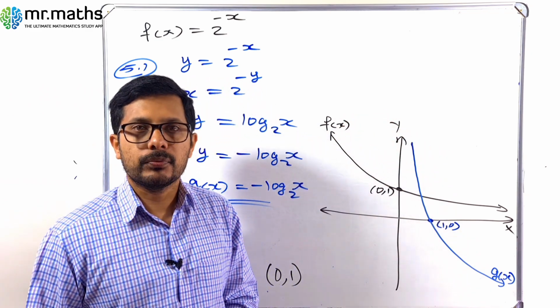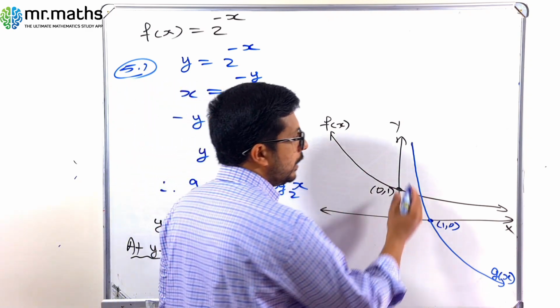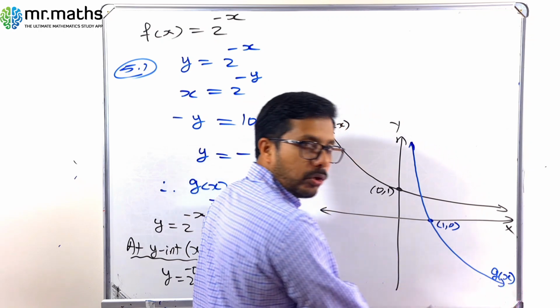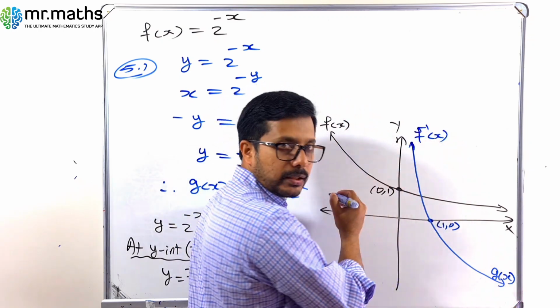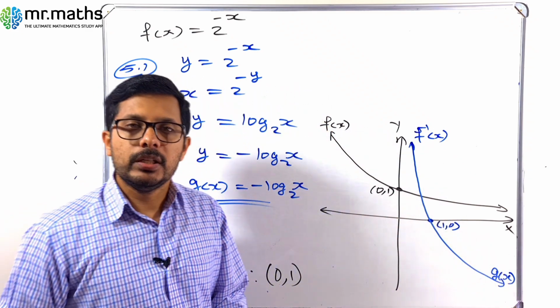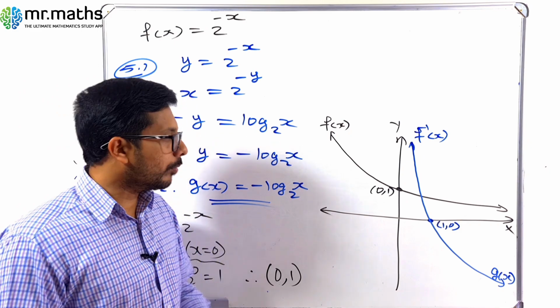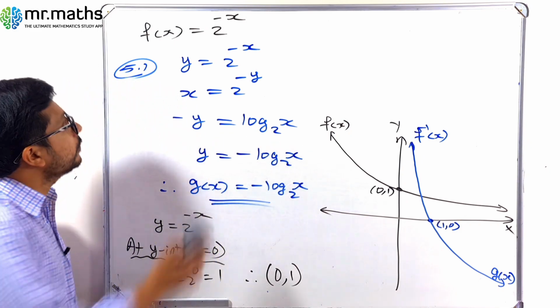Okay, so now the question is: is this graph g of x a function or not? Of course this is a function, because don't forget that this is an inverse graph. Or I can write it: the equation is g of x, or you know that this is f inverse of x. That's the same as what they call g of x. So for the inverse graph, what reason do you have to write? For a normal f of x graph, if there is a question like this, let me erase this one.